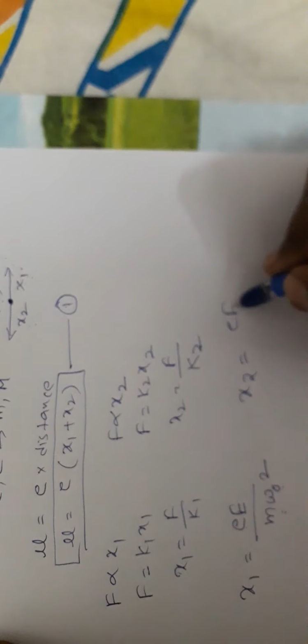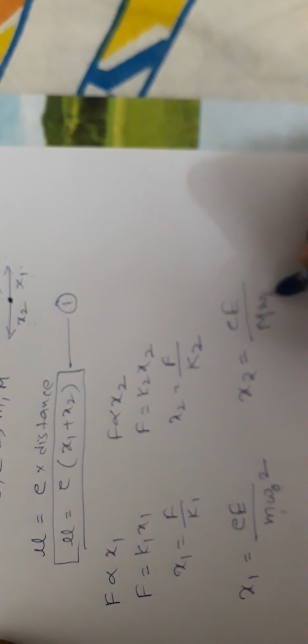Now these distances mainly depend on the charge and also the angular frequency. F is nothing but E into E, and k1 is m omega naught square, where m is the mass of the positive ion. Similarly x2 equals E into E by k2, where k2 is capital M omega naught square.